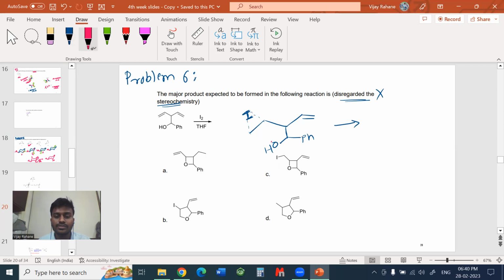The lone pair on oxygen can attack this way or this way. So what is possibility A? Possibility A is that it forms a four-membered ring, right?